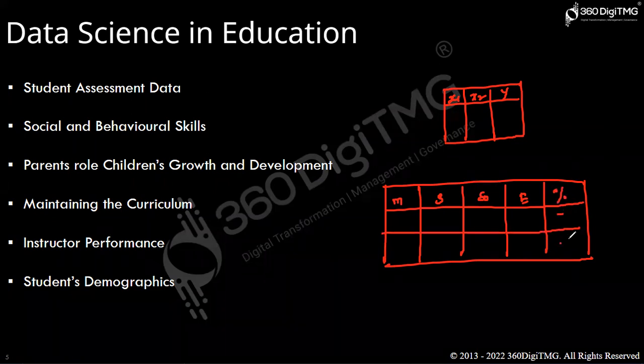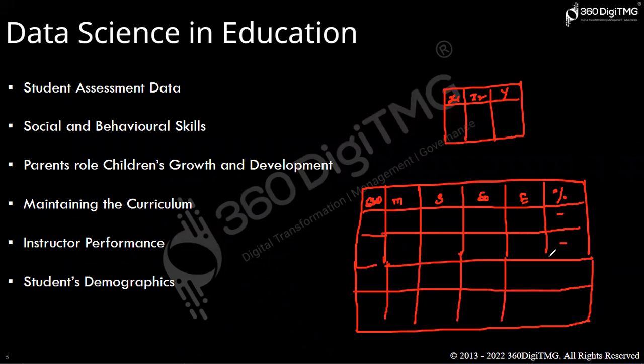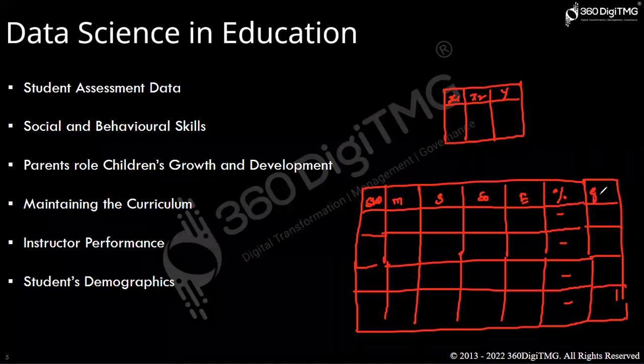I'm going to take these percentages, and maybe here I have the student name or student ID. I'm going to take all this data, and based on these percentages, I can create a new column called grading.